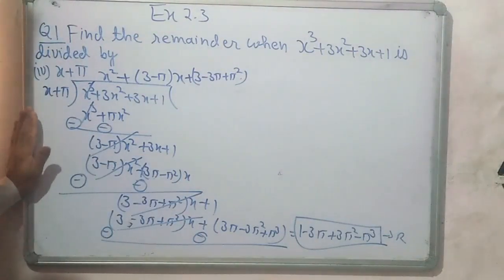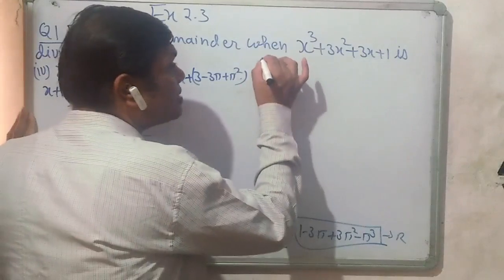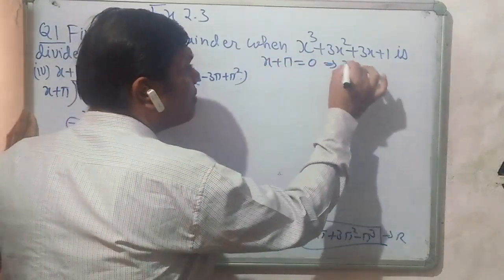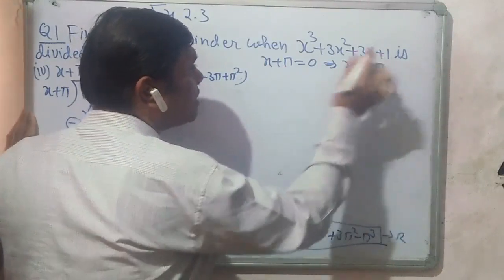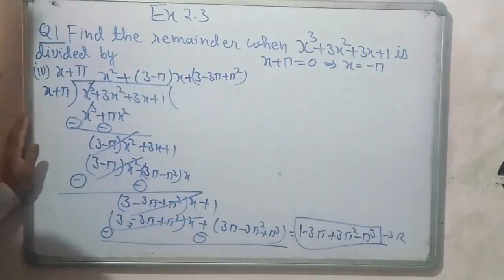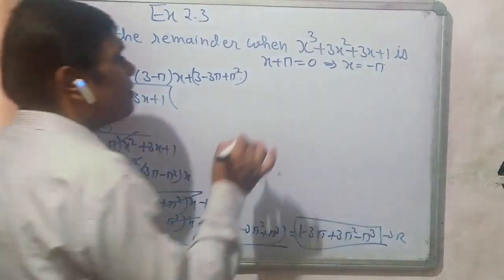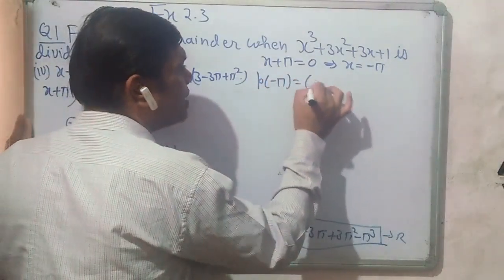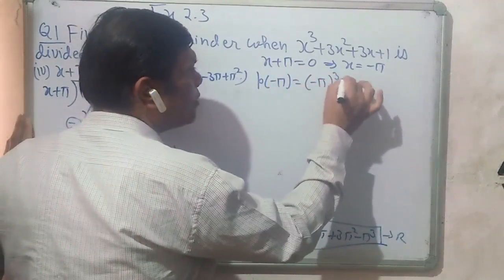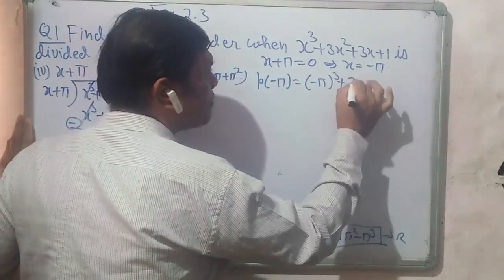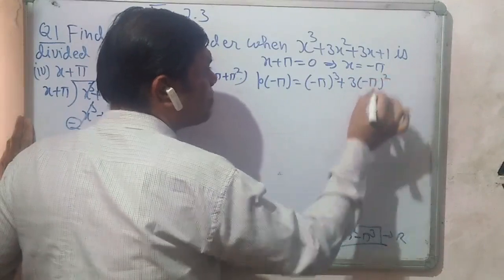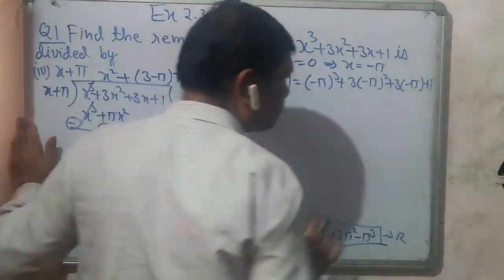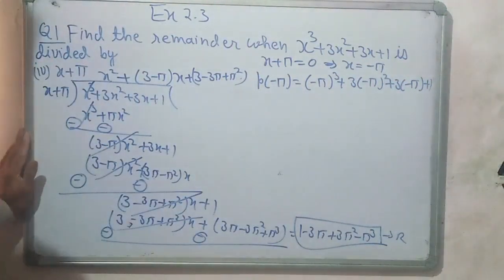Let us verify this by the remainder theorem. Our divisor is x plus pi. Put it equal to 0. The value of x, or the zero of the divisor, is minus pi. And we have to find the polynomial's value at minus pi, that is minus pi cube plus 3 multiplied by minus pi square plus 3 multiplied by minus pi plus 1.